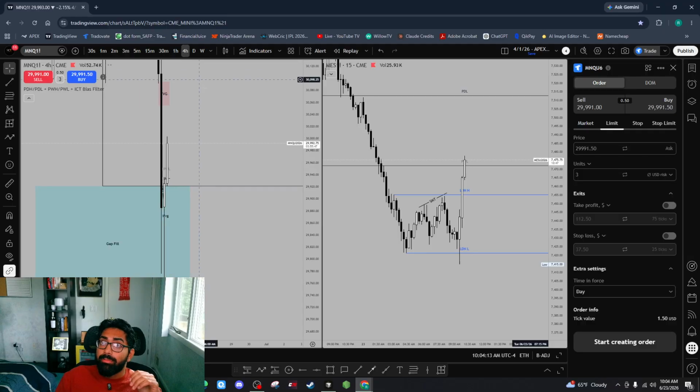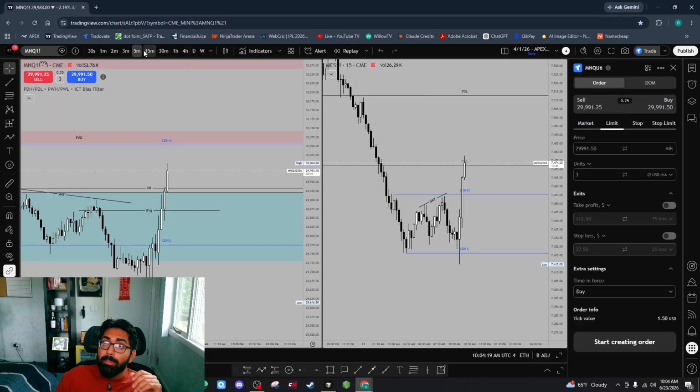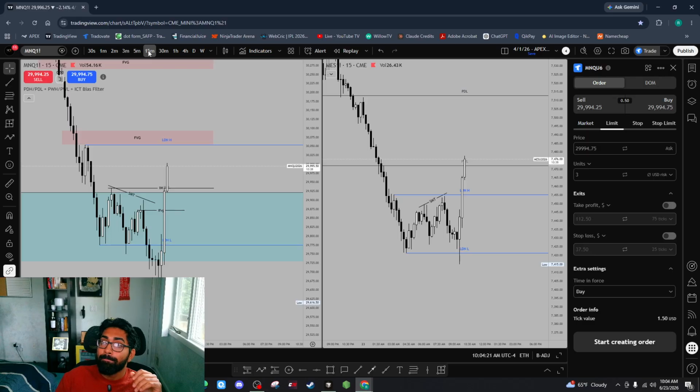We are in a 4-hour bearish fair value gap right now. Of course, the candle body looks very bullish, but I would still consider an SMT in regards to the London high.